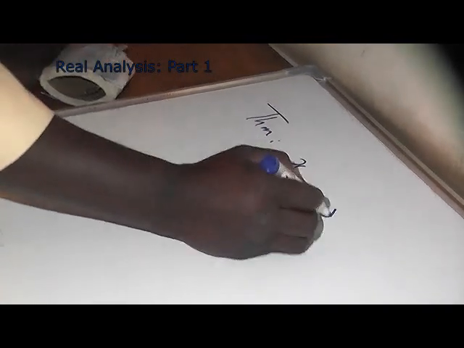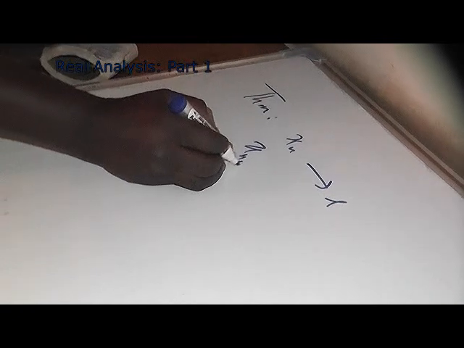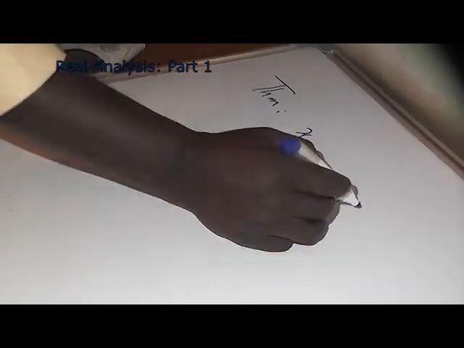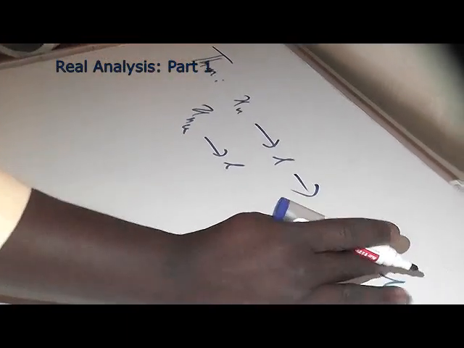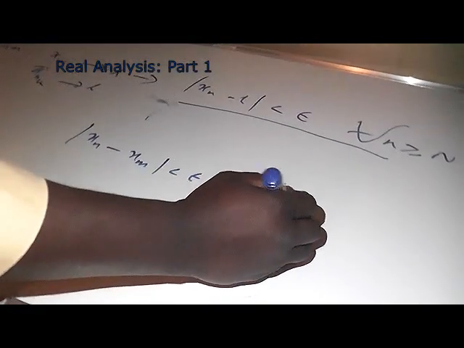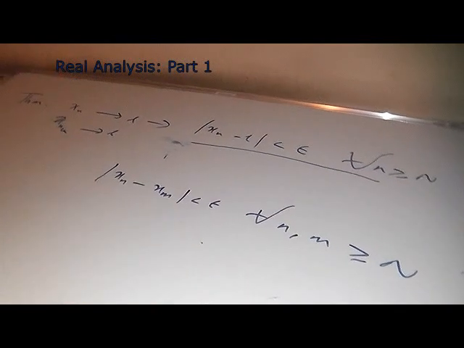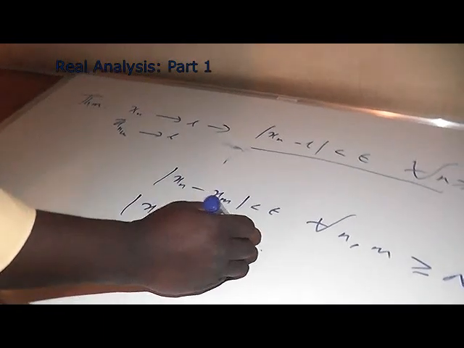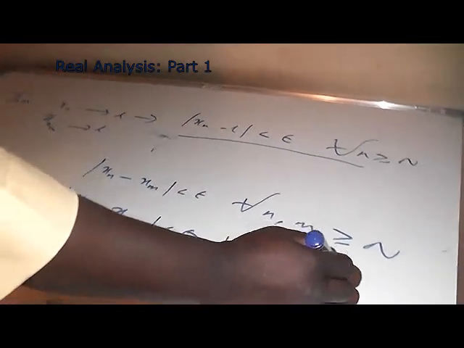If a sequence converges to L, then its subsequence xnk will converge to L. Now this means xn minus L is less than epsilon for all n bigger than or equal to N, and this means now we check whether this can give birth to the convergence of xnk, but every Cauchy sequence converges, for all n, m bigger than or equal to N. Since every Cauchy sequence converges, it means xn minus xnk is less than epsilon for all n, m bigger than or equal to N.